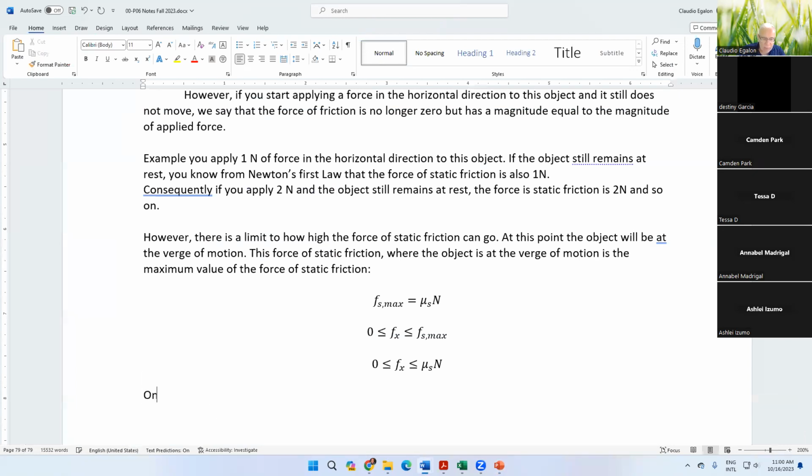Once the object starts moving, the force of static friction becomes the force of kinetic friction.